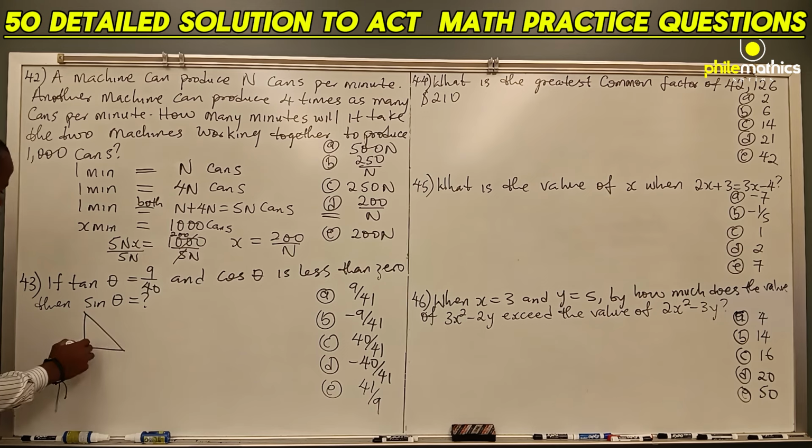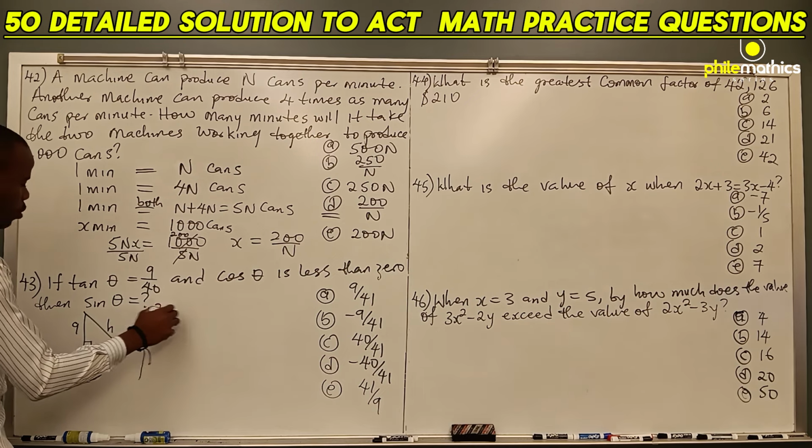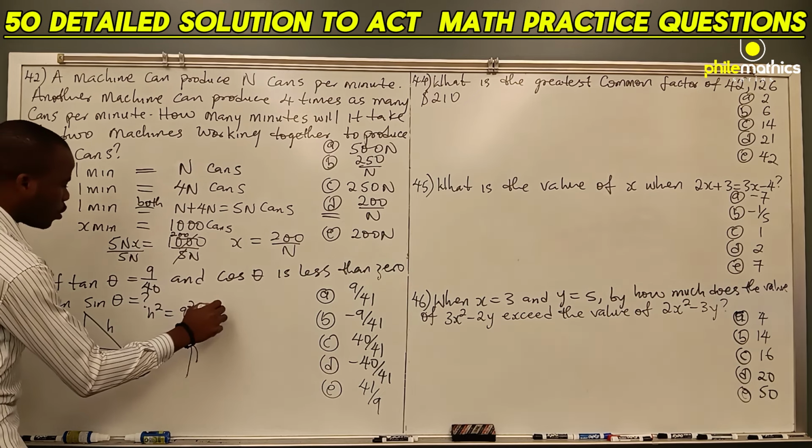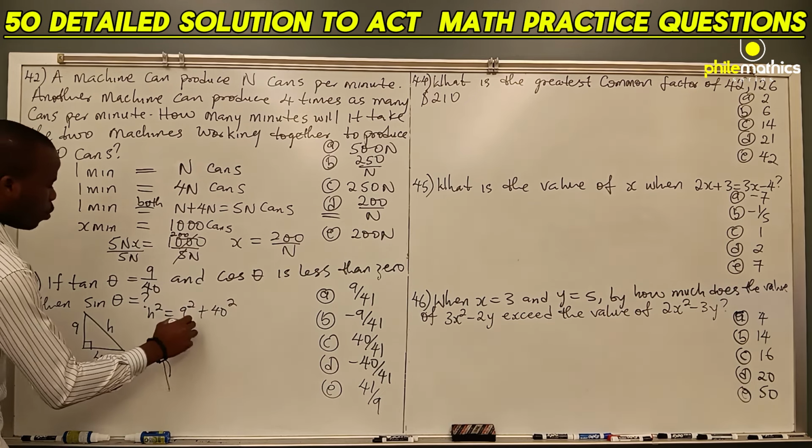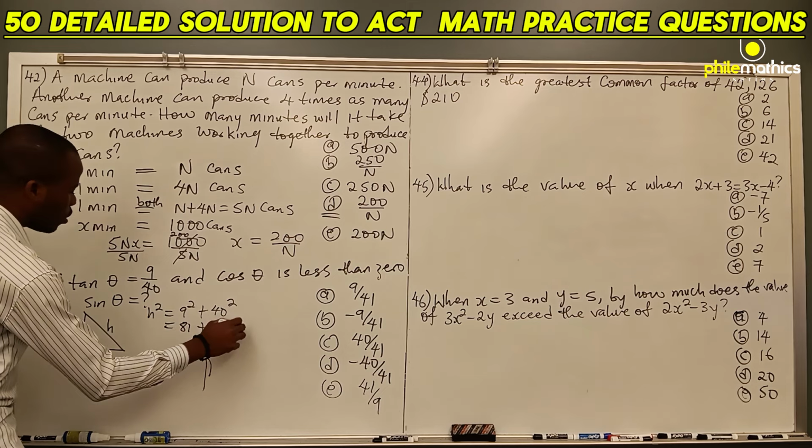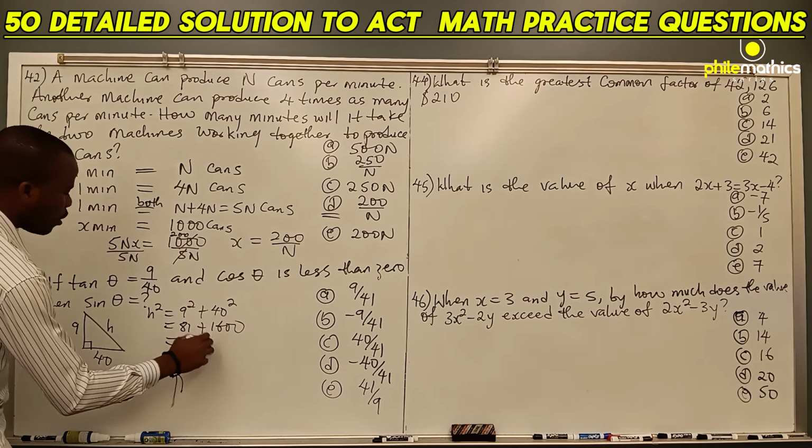So you know that if you sketch the right angle triangle, tan theta is opposite over adjacent, which is 9 over 40. To get this hypotenuse, we'll use Pythagoras theorem. So h squared is equal to 9 squared plus 40 squared, which is 81 plus 1600, which is 1681.